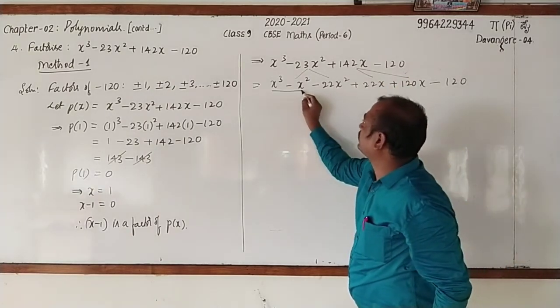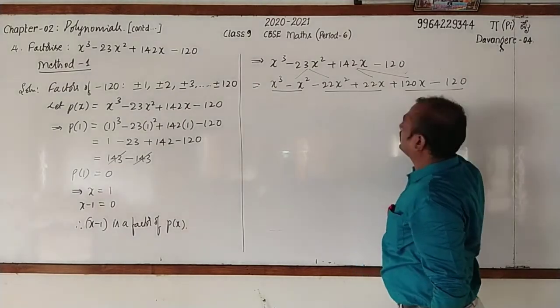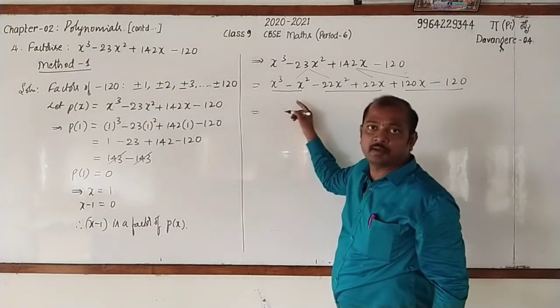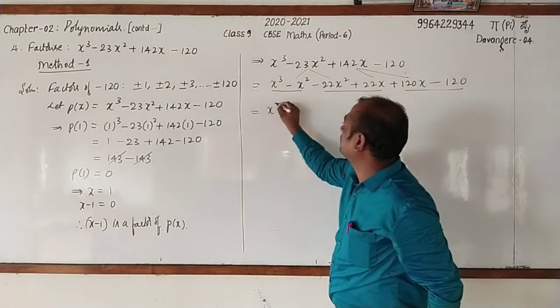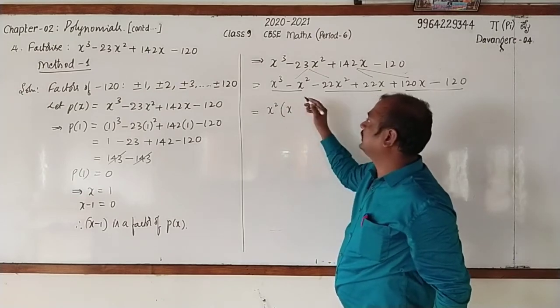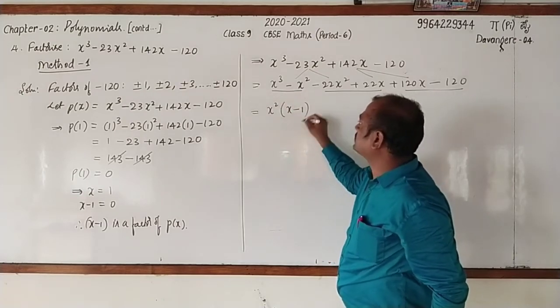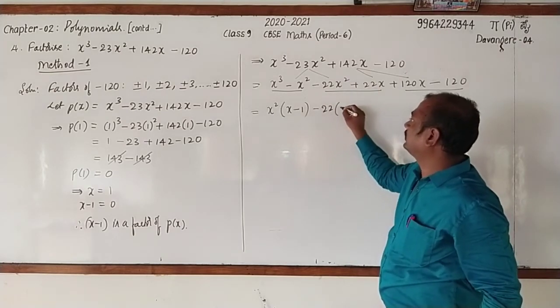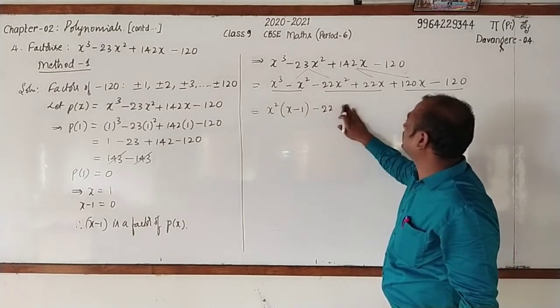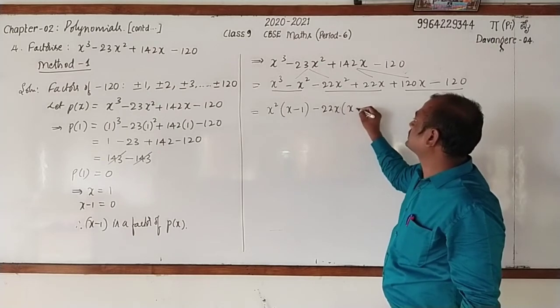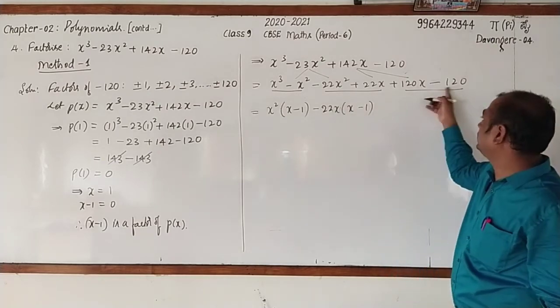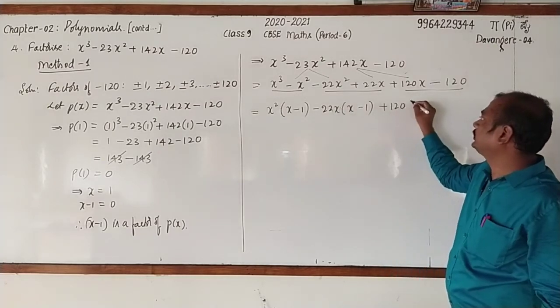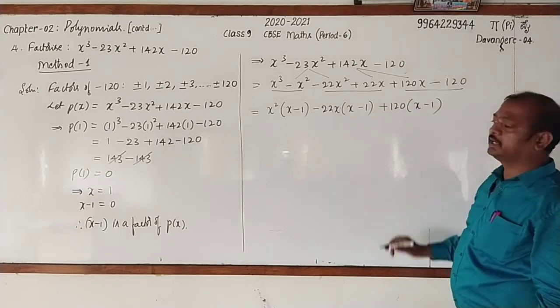Now just go for grouping. Observe, in this what is common factor? X square. X square into x minus 1. Here what is common factor? Minus 22. Again, sorry, minus 22 into x minus 1 is common factor. In this, 120, it is x minus 1.